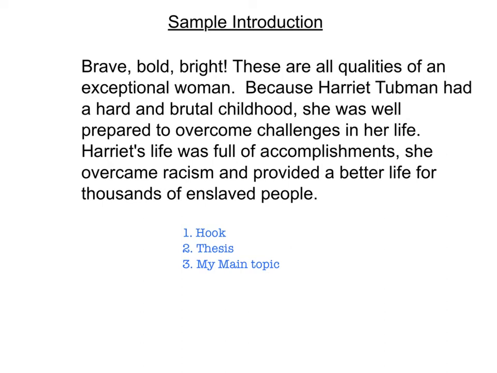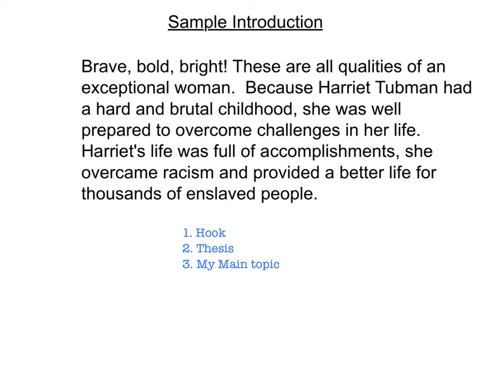And then I went ahead and included my main topic sentences from each one of my paragraphs. "Harriet's life was full of accomplishments." That's what my first paragraph is going to be about. "She overcame racism" is my second paragraph. And then "she provided a better life for thousands of enslaved people" is what my third paragraph is going to be fully about.